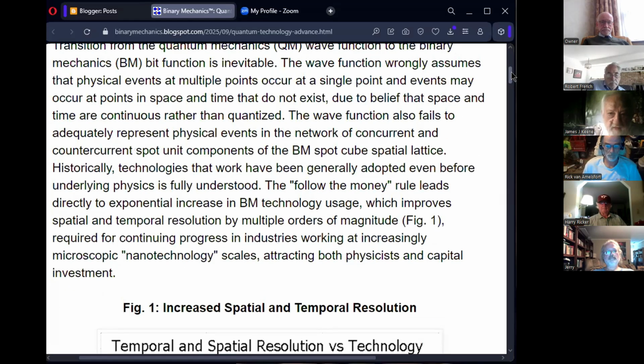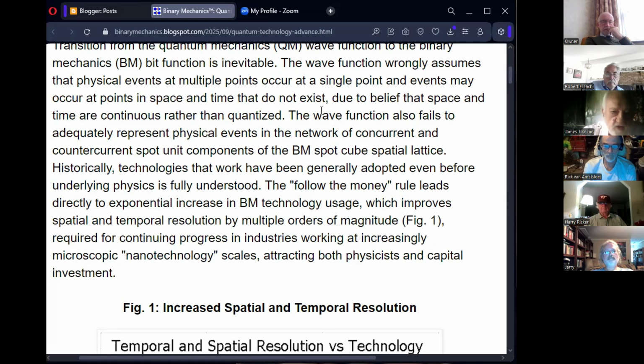Okay, great. The wave function wrongly assumes that physical events at multiple points occur at a single point. This is just an abstract summary of content to come. And events may occur at points in space and time that do not exist, due to the belief that space and time are continuous rather than quantized, as in binary mechanics.